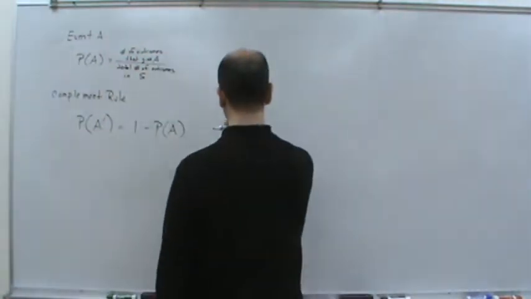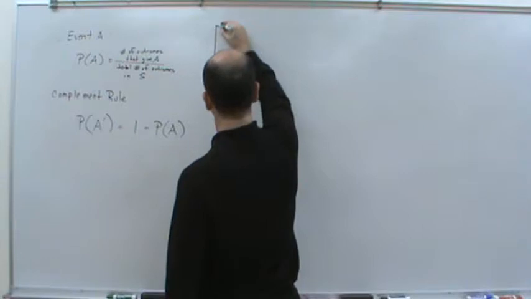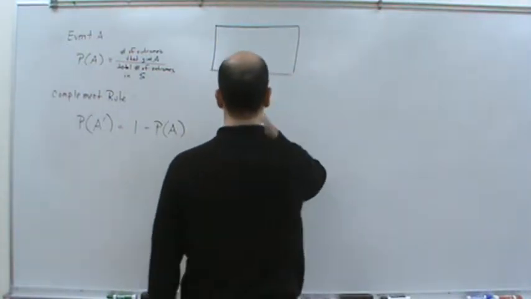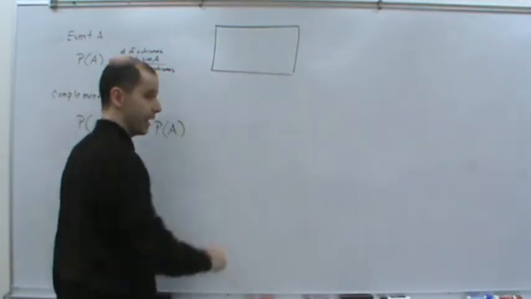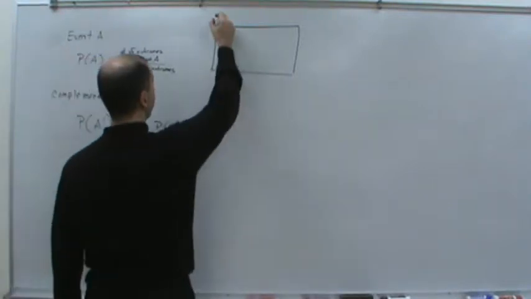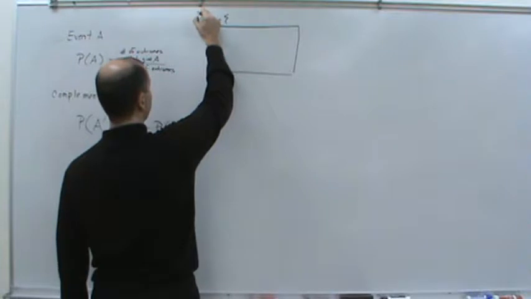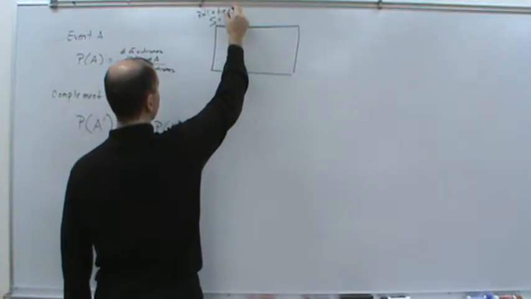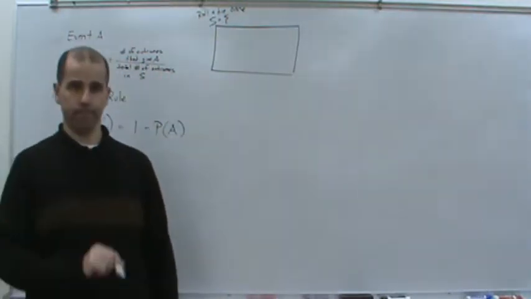So let's say I have this set of these numbers. Let's say I'm rolling a die, right? A fair die. So here's my sample space, and I'm rolling a die one time.